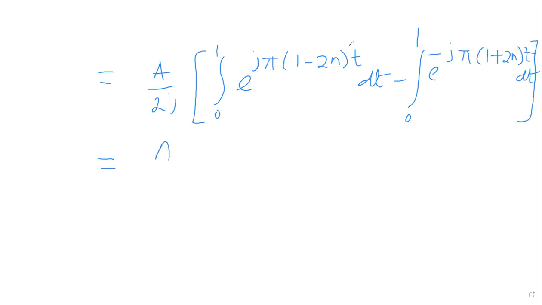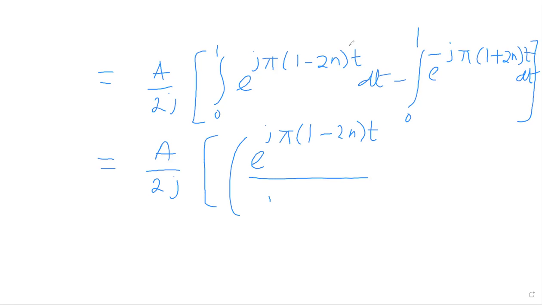Now you know the integration of exponential functions. The first one will be e to the power j pi into 1 minus 2n, t, upon j pi into 1 minus 2n, with limits 0 and 1.